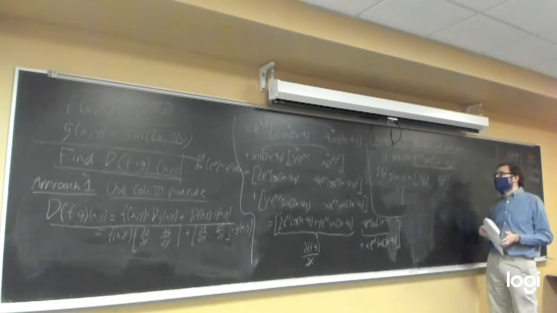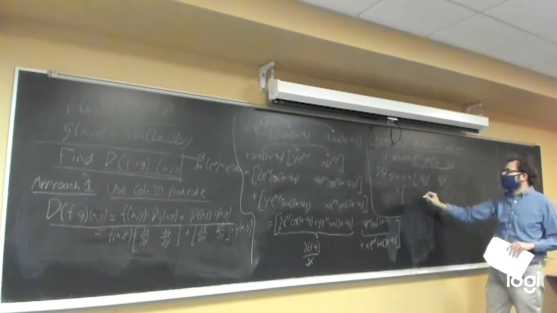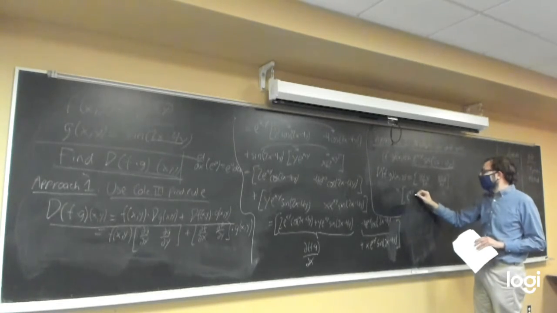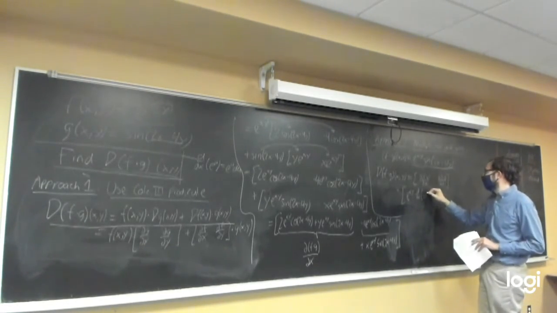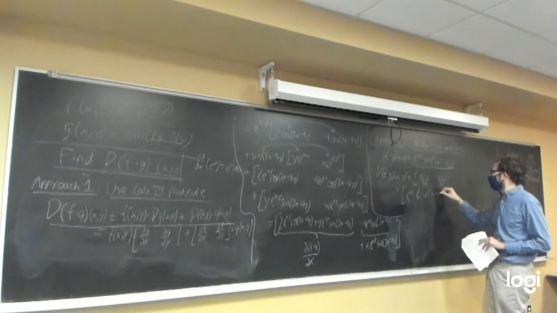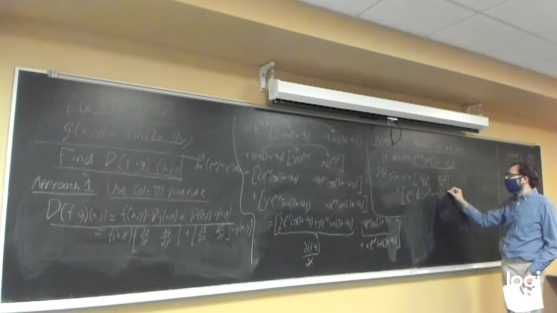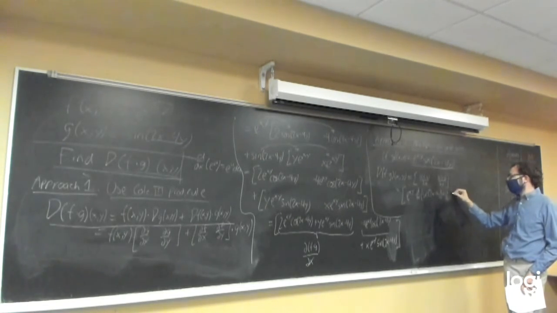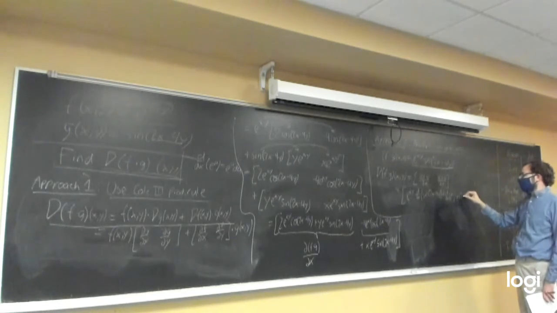If we want to differentiate this with respect to x, we could just do the first piece, e to the xy, times derivative with respect to x of the second piece, so sine of 2x minus 4y, plus the derivative of the first piece, d dx of e to the xy, times sine of 2x minus 4y.